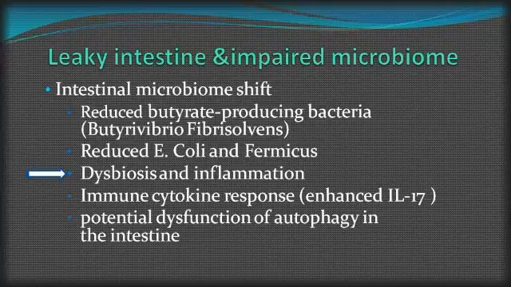So basically you've got what's known as a dysbiosis, and another result of this is inflammation in the lining of the gut. Another thing found here is a cytokine response of IL-17, and the study also identified a dysfunction, or at least a potential dysfunction, in autophagy, which is a huge problem in ALS.